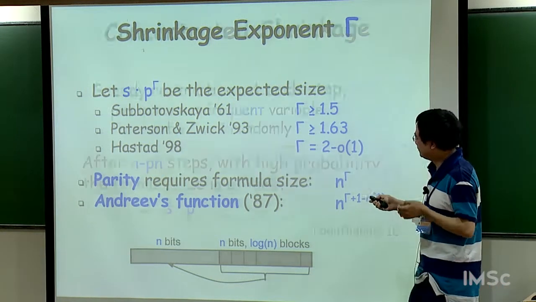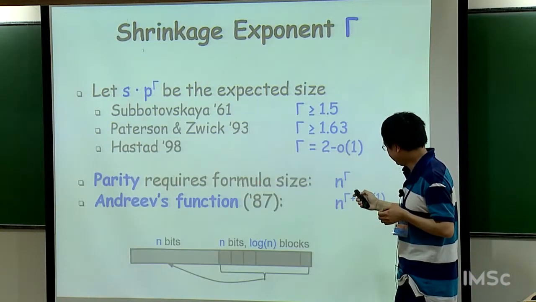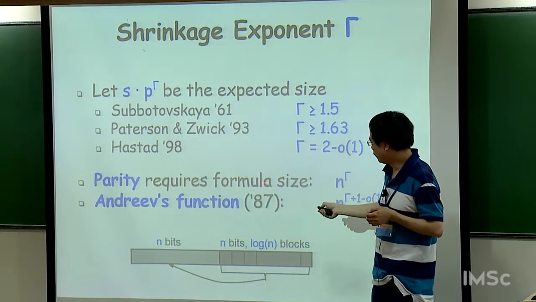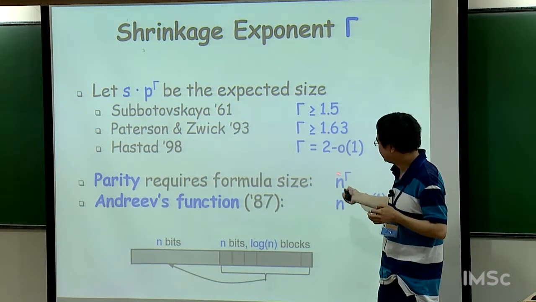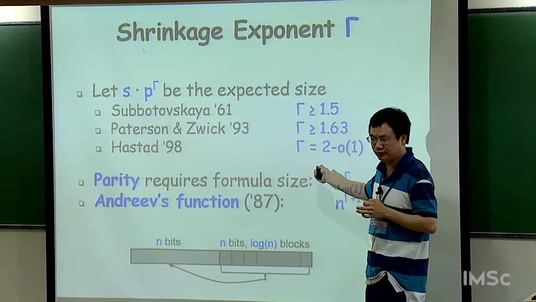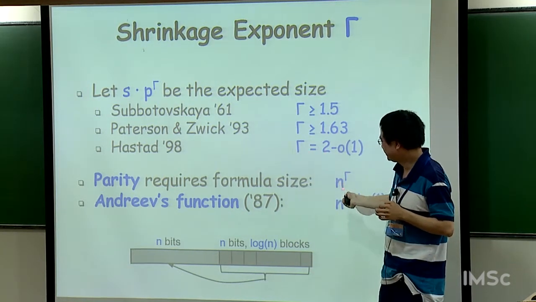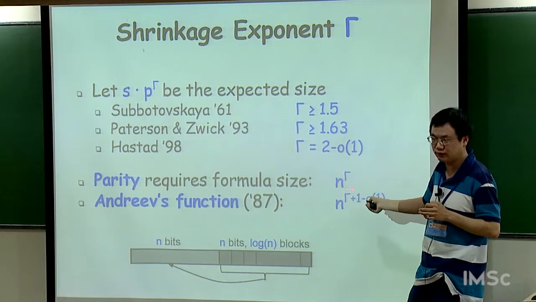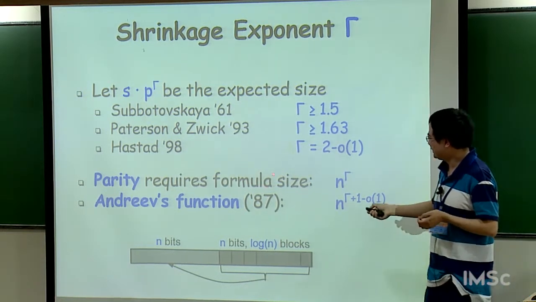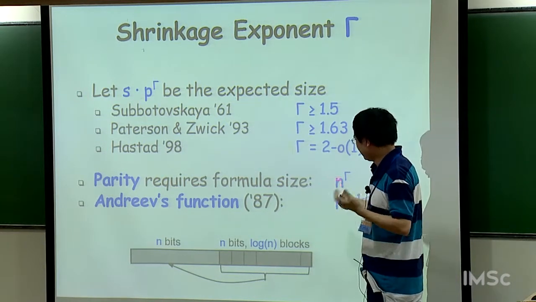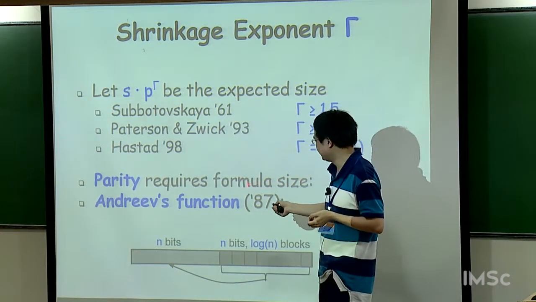Now, the shrinkage exponent directly implies that parity requires formula size n to the gamma. Using Hastad's optimal result of gamma equal to 2, parity requires quadratic formula size. This quadratic lower bound is not the best we have.